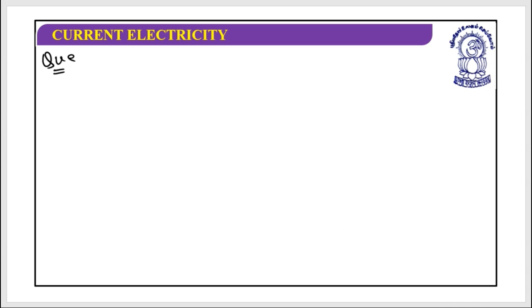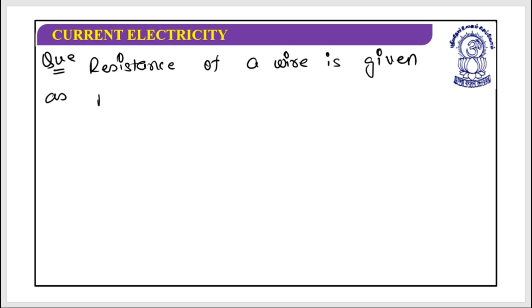Let's say the resistance of a wire is given as R equals R naught plus alpha T plus beta into T square.